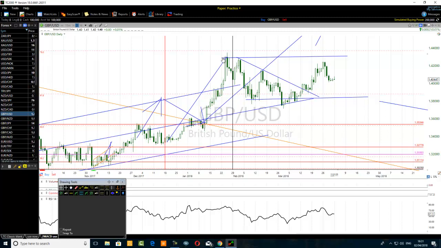Both went up from mid-December 2017 to the beginning of February, and both are slowing down. That's the main thing, with a little bit of difference from February up to now. You can see that for the British pound, we have a triangle here.